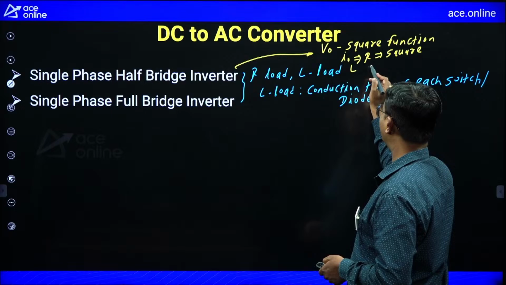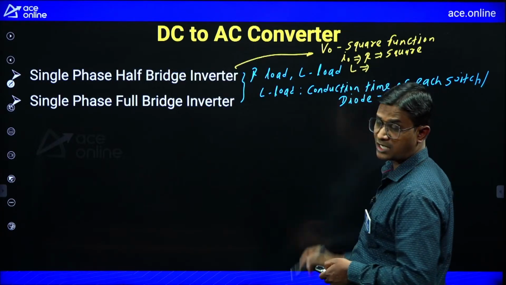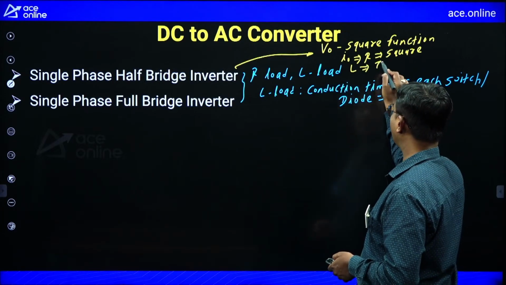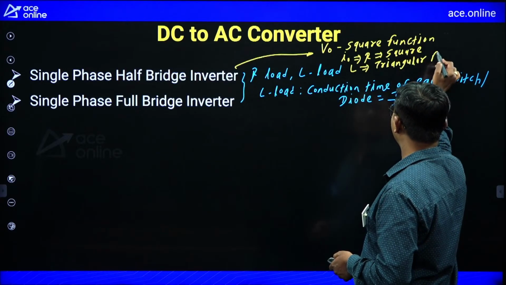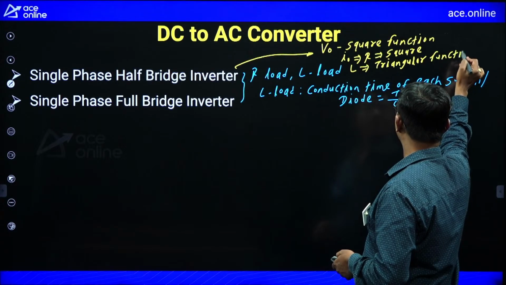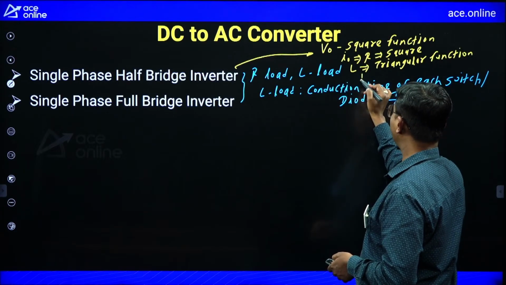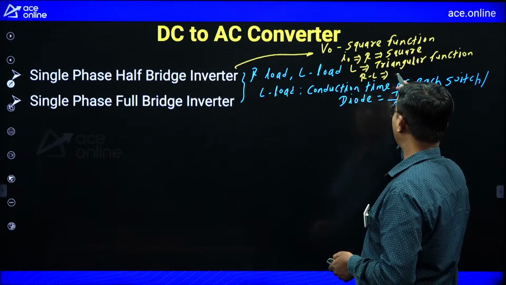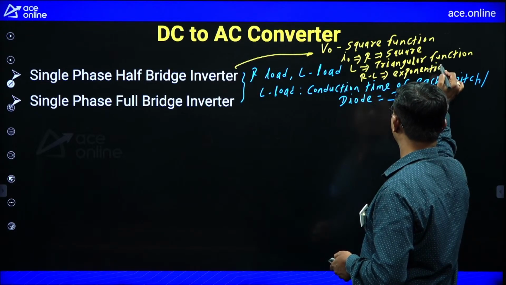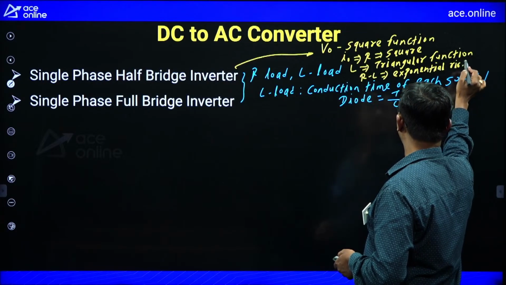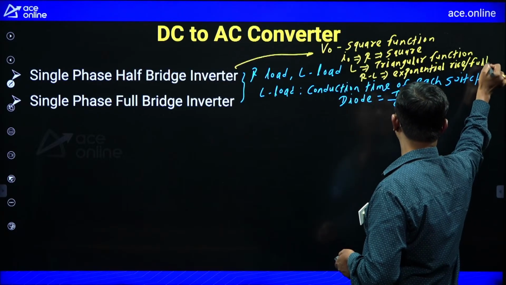If load is inductive, then load current is a triangular function. And if load is RL, then my load current is an exponential rise, exponential fall type function.